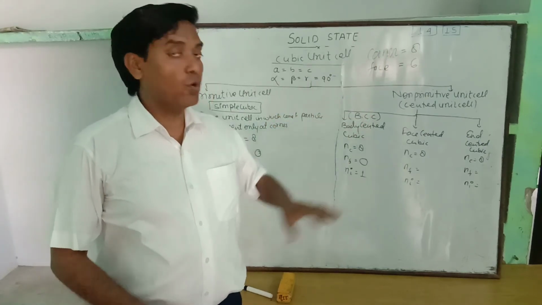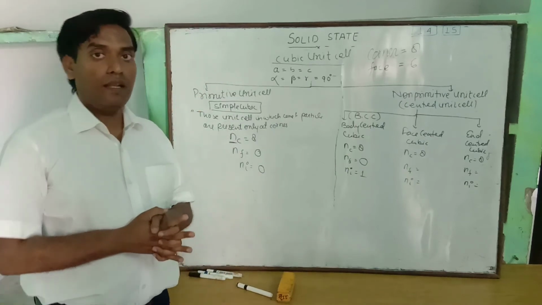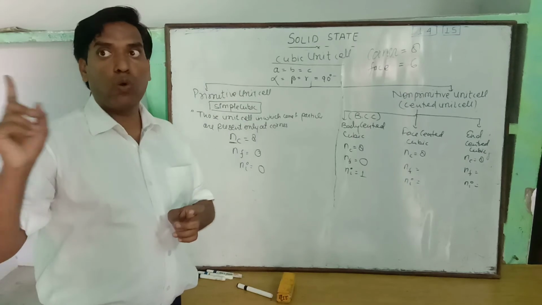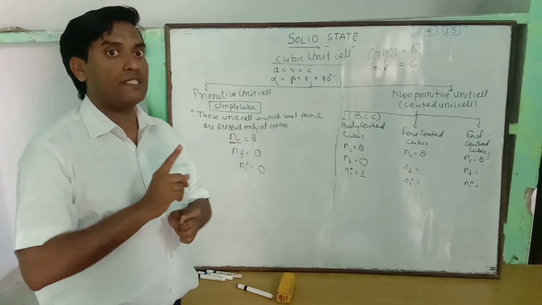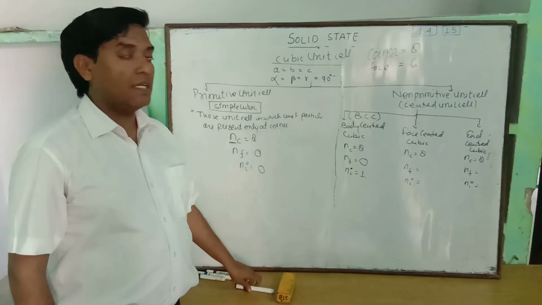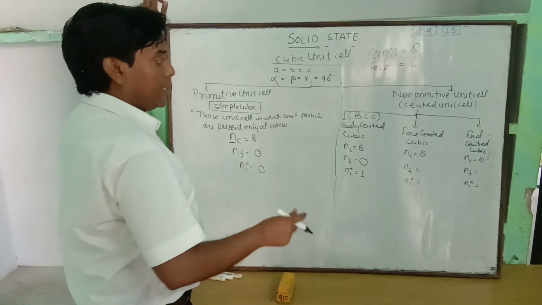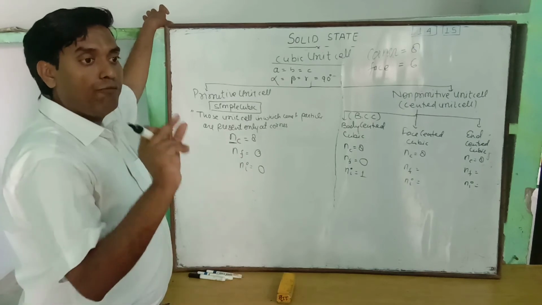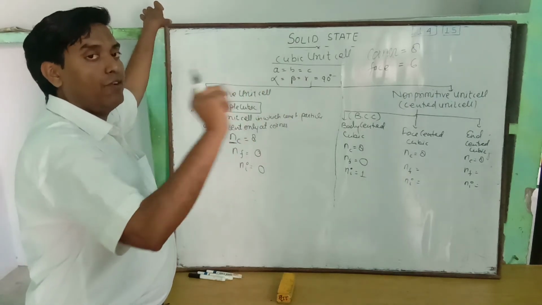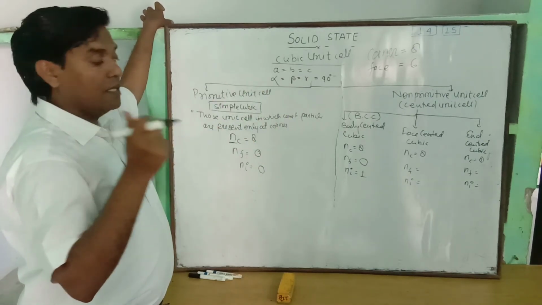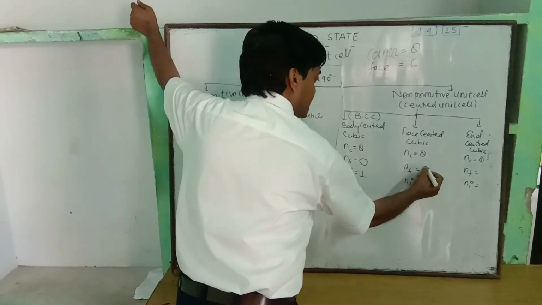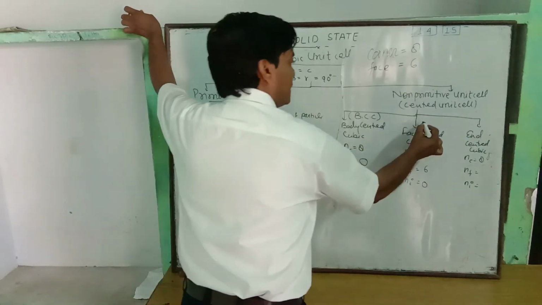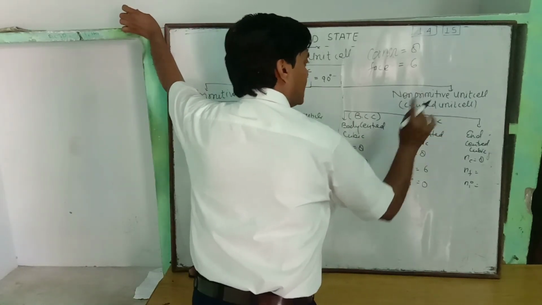So in face centered cubic, those unit cells in which one atom is present at corner and one atom is present at each face are known as face centered unit cells. Now son, what will happen here, corners are 8 and faces are 6. If one constituent particle is present at one face, then how many faces are there? 6. So number of atoms at faces is 6, and inside the body is 0, and this is commonly known as face centered cubic.